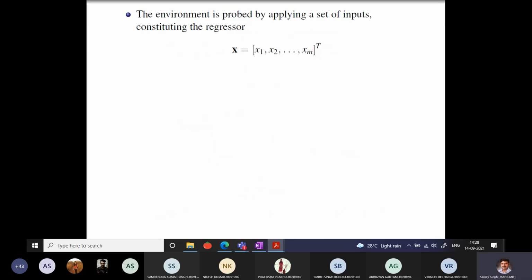Now the environment is probed by applying a set of inputs constituting the regressor. So finally, it gives you all these x1, x2, up to xm. If your entire training set is there, and it depends on, say, three attributes, this would be x1, x2, x3.